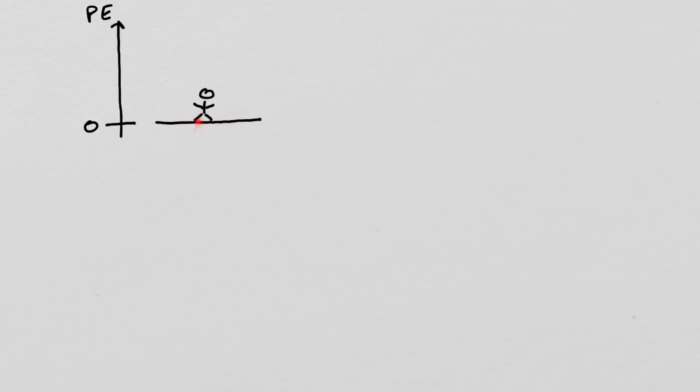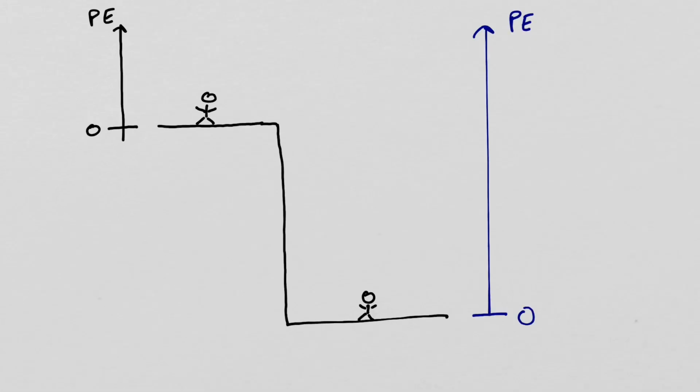But say the desert you're walking in is in Arizona, and you come to the Grand Canyon, and your identical twin is at the bottom of the Grand Canyon. Your twin says, I'm at the bottom, and where I am is the zero of potential energy. So who is correct? Well, they are both correct because you can't find the location of zero potential energy. You can only determine potential energy differences.